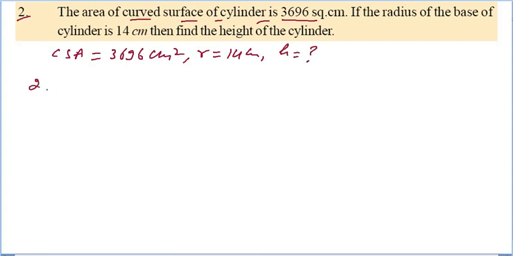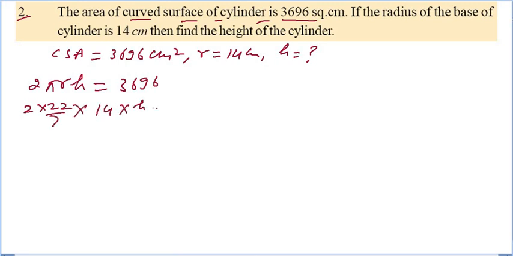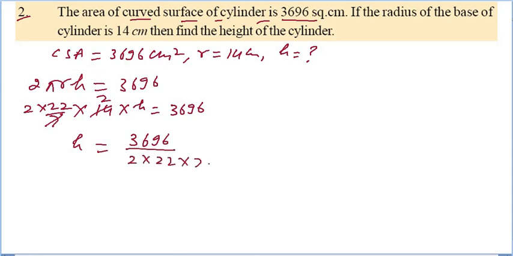The CSA is 2 pi RH is equal to 3696. 2 pi is 22 upon 7, and R is 14, and H we want to find. It is 3696. So you can say 7 1 ja 7, 7 2 ja 14. So H will be equal to 3696 divided by 2 and 22, and once again 2. First of all, divide by 2.